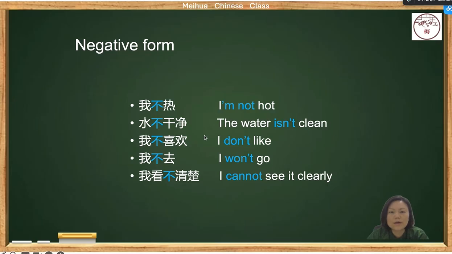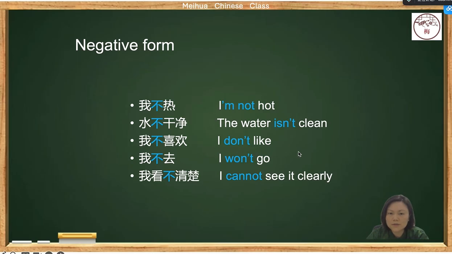So this is a very significant difference between Chinese and English, even though they are quite the same in a positive statement. Because in English, in a positive sentence, we don't need a helping verb, right?